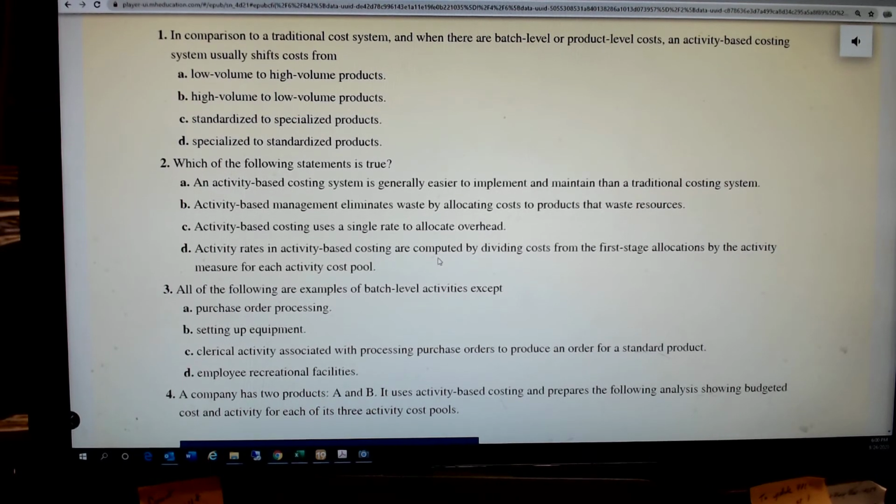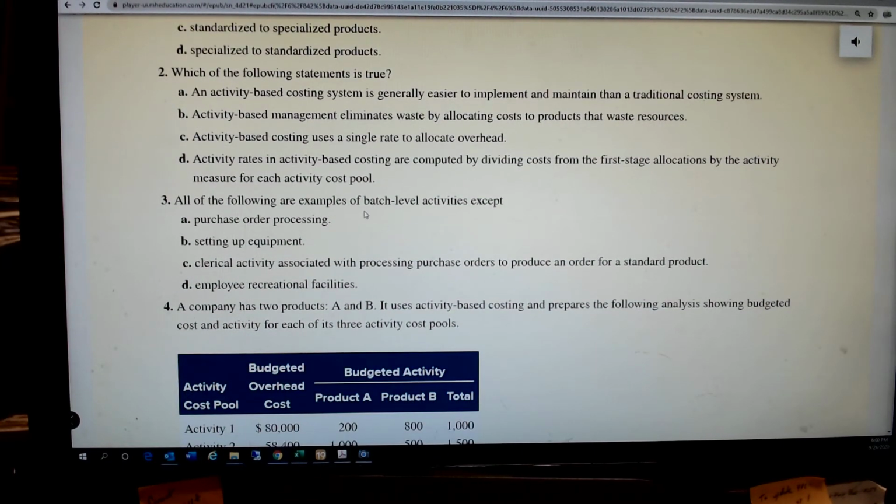See, all of the following examples are of batch level activities except. So here's batch level. Which one is not batch level? Purchase order processing. I would say purchase order processing is probably batch level because we're going to purchase the direct materials that we need to run this batch.